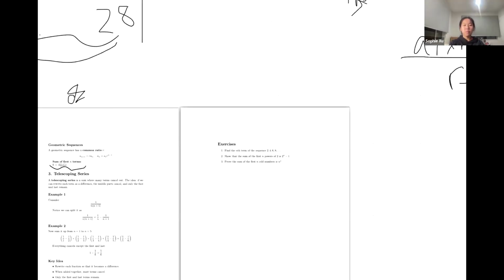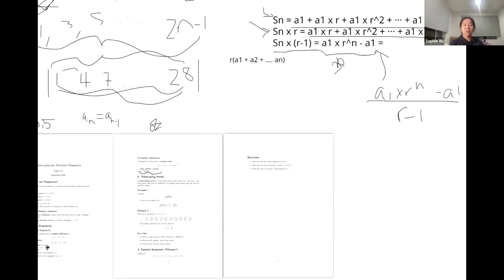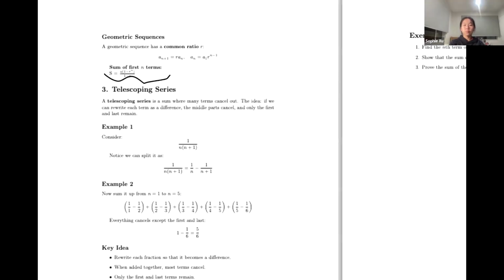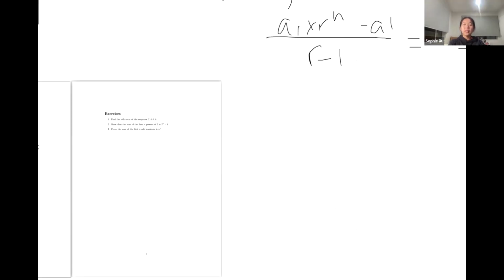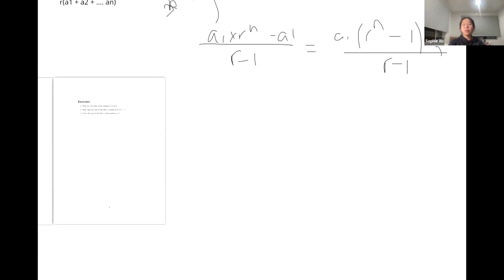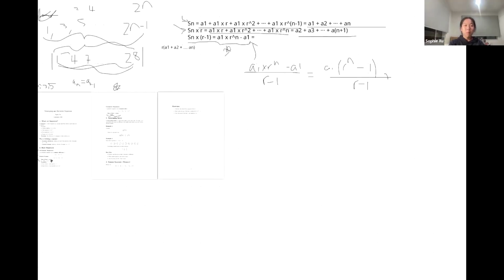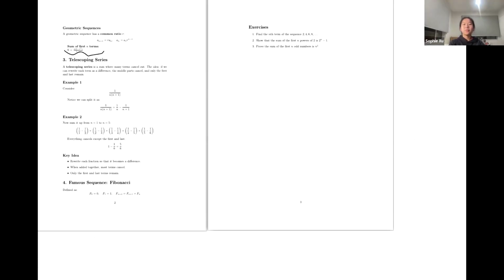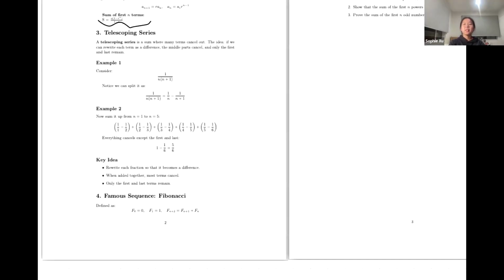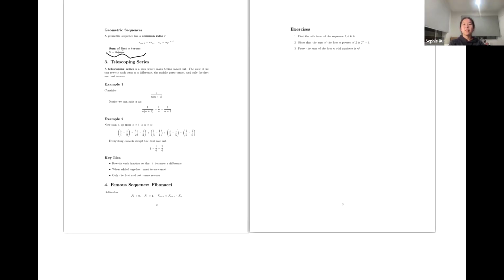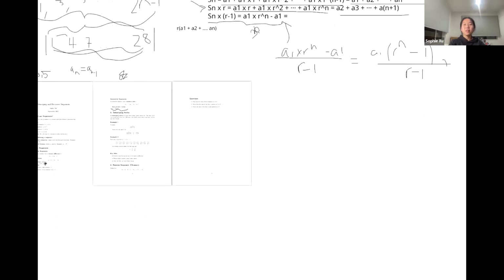Okay, let's go into telescoping series. Telescoping is basically when each term is like something minus something else.